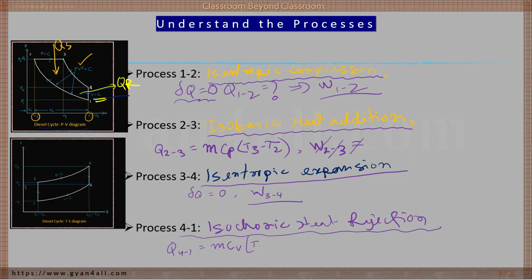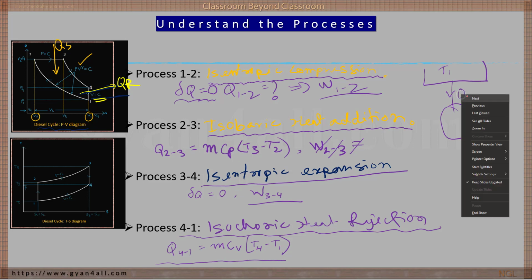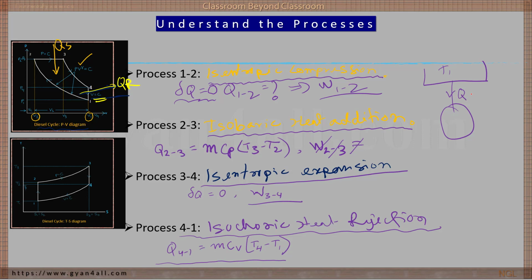Temperature is higher temperature minus lower temperature. So we have two heat transfers. And what is a heat engine? How does a heat engine work? It takes heat from a source at temperature T1, it takes Q1 quantity of heat, and Q1 we can also say Qs.